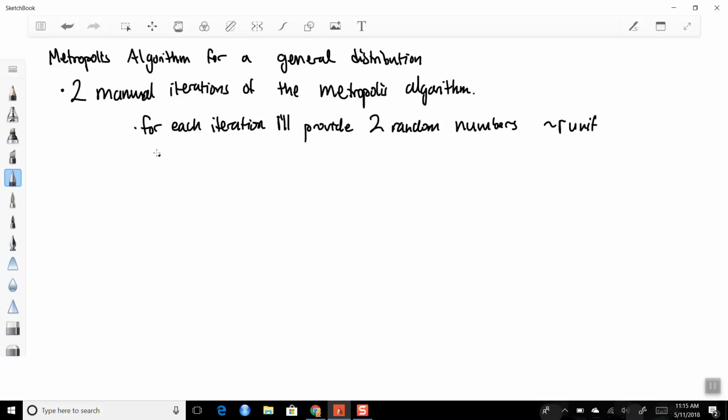The first number will be used to figure out where to go, what value to propose.